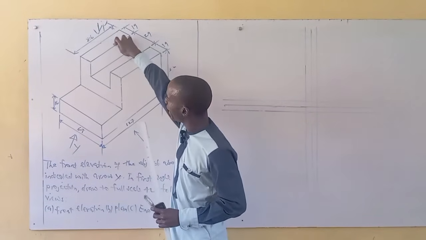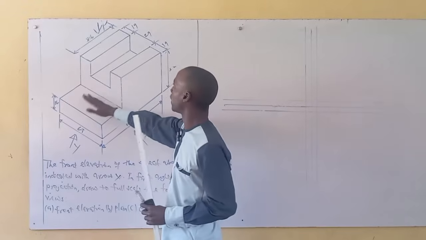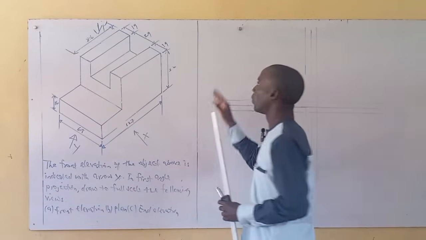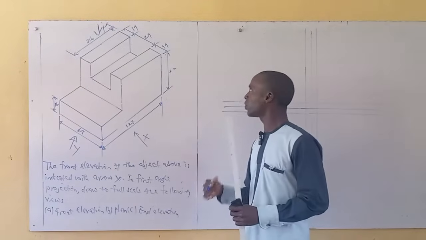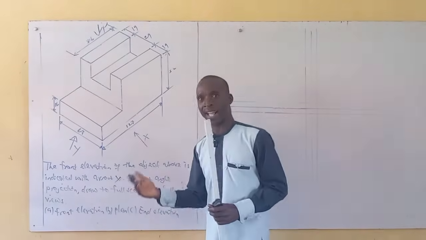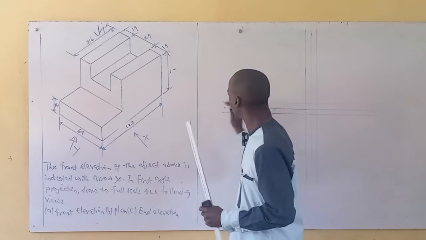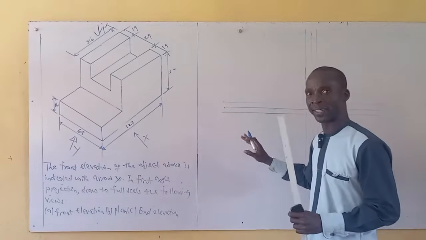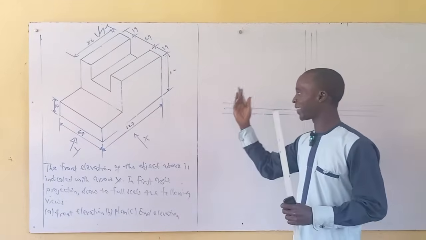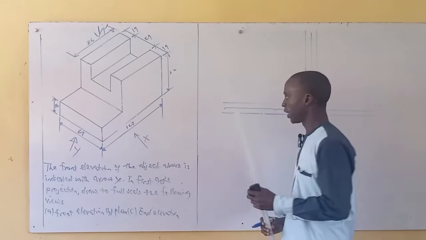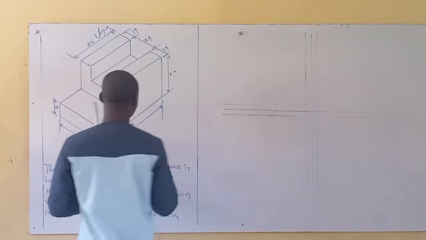Here, and here, will be seen directly when viewed from the top. Now, dimensioning is also very important because the object has been dimensioned for you. So as you draw the views of the object, you also have to show the dimensions as indicated in the drawing. So let's go ahead and draw the object.